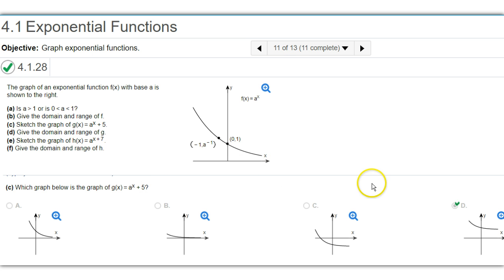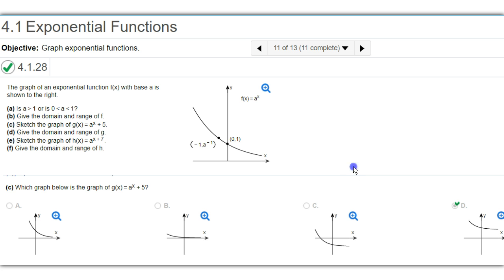Well, what the plus 5 does, remember, is it's sort of like your y-intercept. So it's going to raise this point up here to 5. So it'd be the same shape, but just higher. And that's letter D over here.